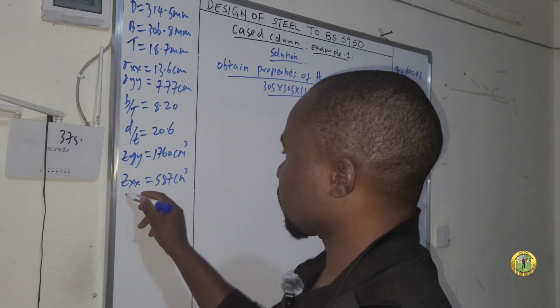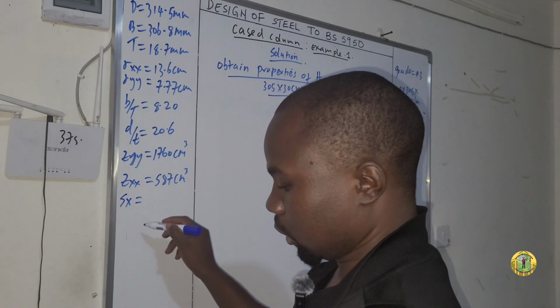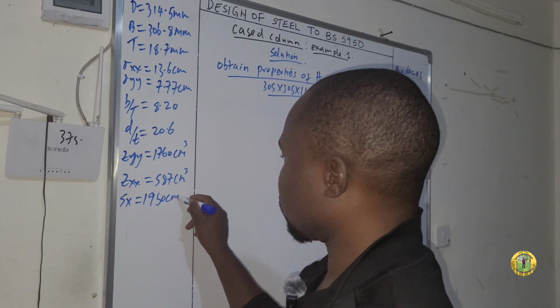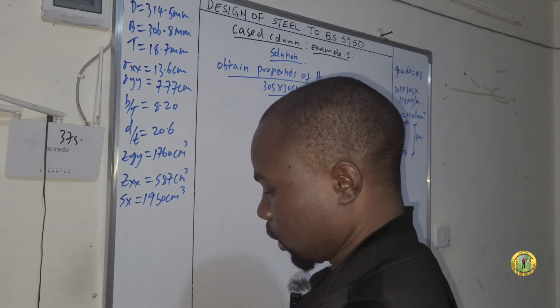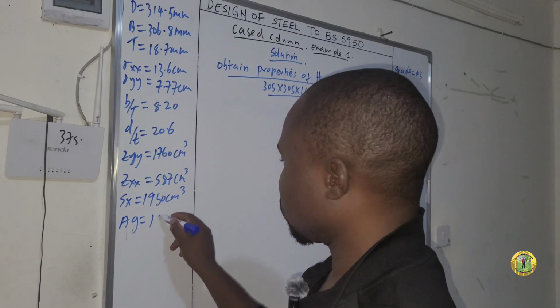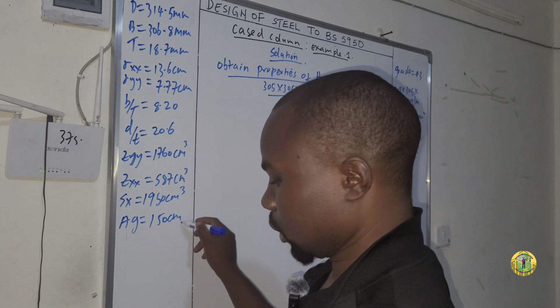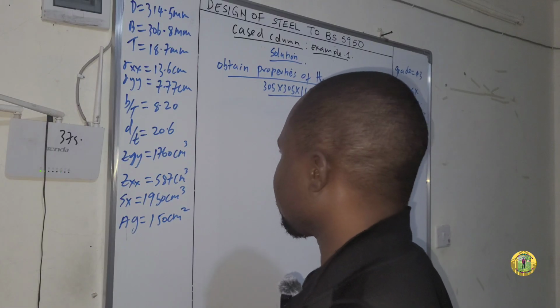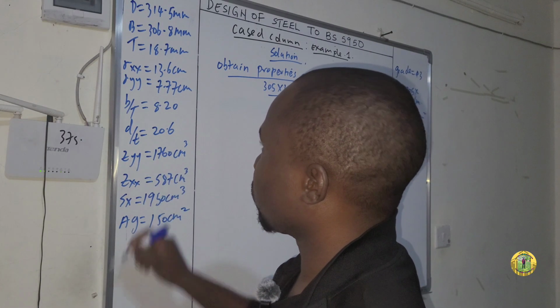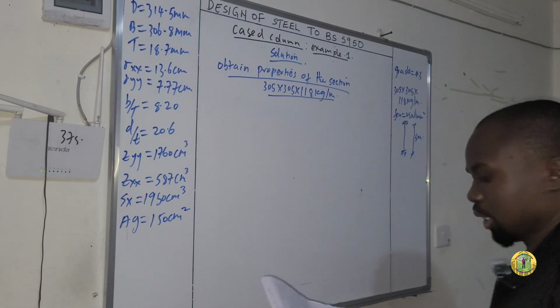We have the plastic modulus is equal to 1950 centimeters cubic. And we have the area is equal to 150 centimeter square. So let's cross check.